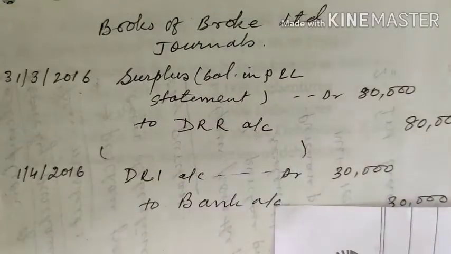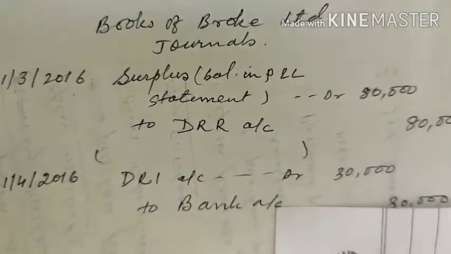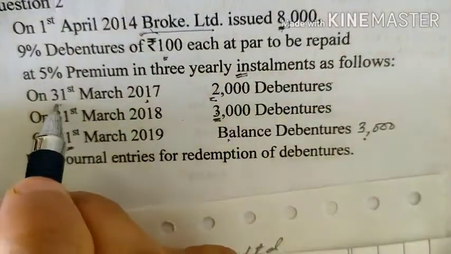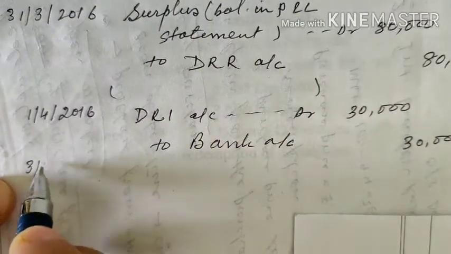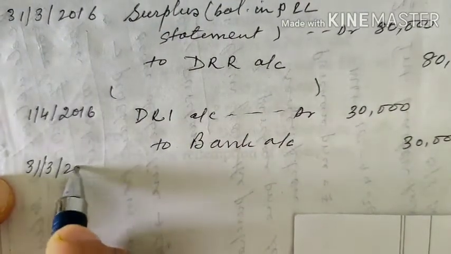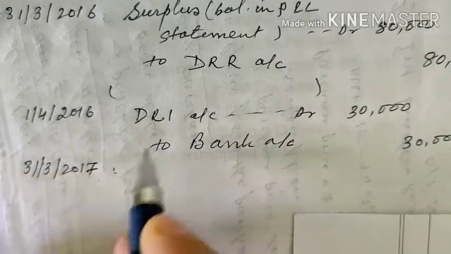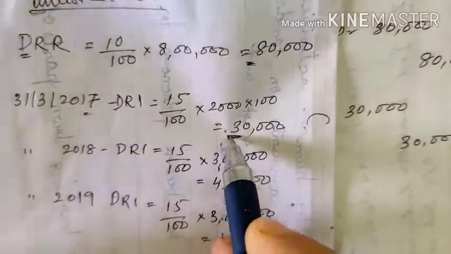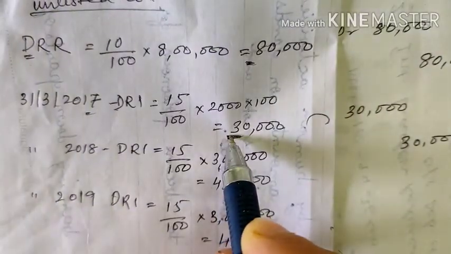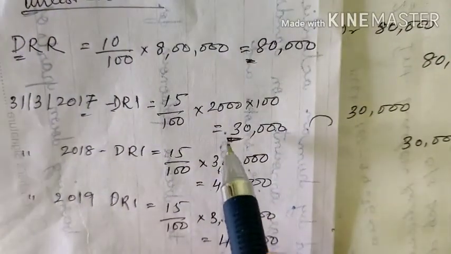These are the two entries we have before the redemption. Now the other entries will be on the date of redemption, and your date of redemption is 31st March 2017. Now, encashing this investment. This investment has to be realized, but let's check here.